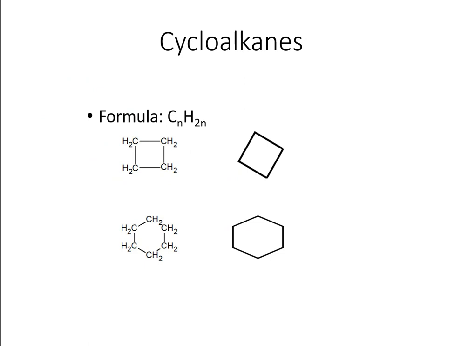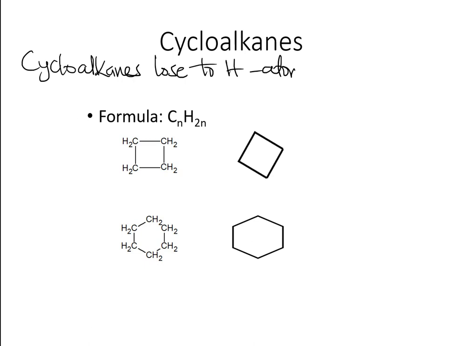Now let's go on to talk about another type of alkanes that we call cycloalkanes. These types of alkanes are cyclic in nature. Cycloalkanes will lose two hydrogen atoms when they make the cycles.